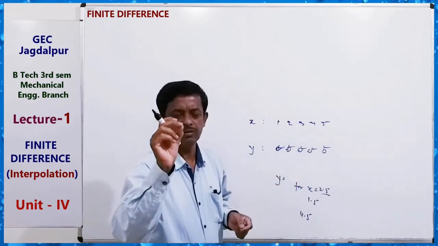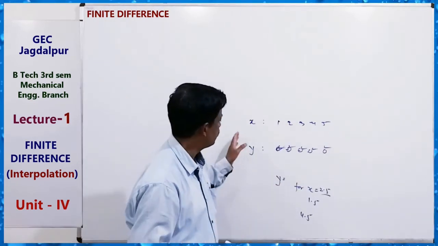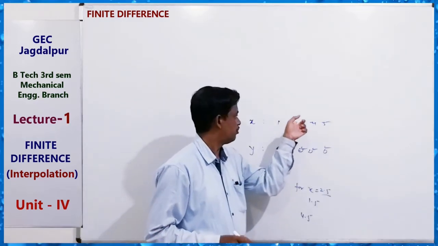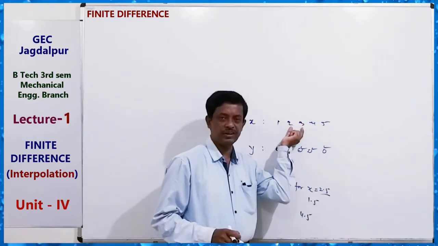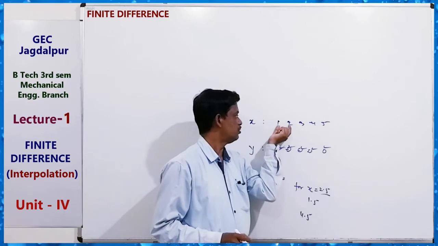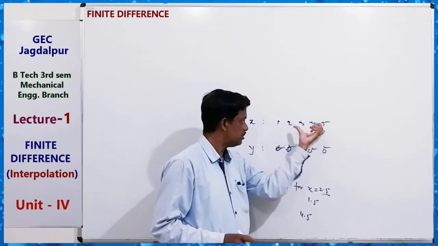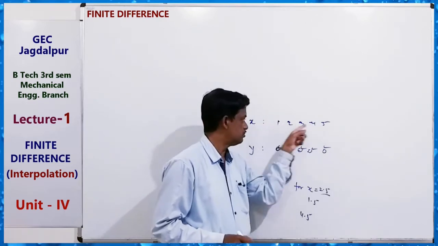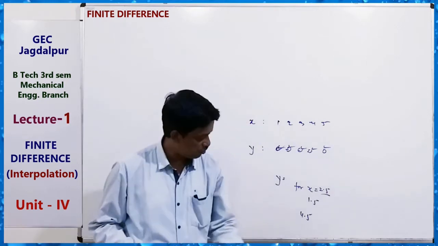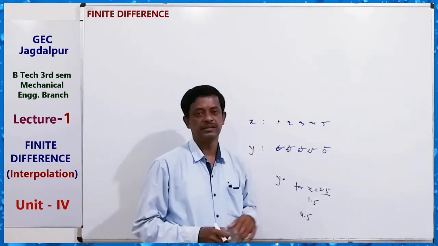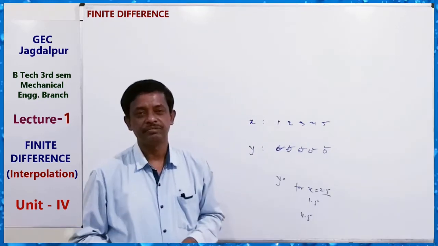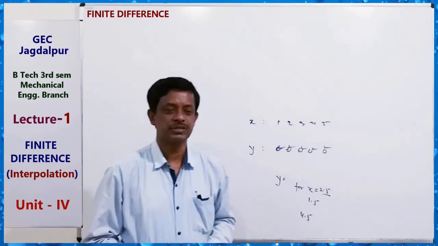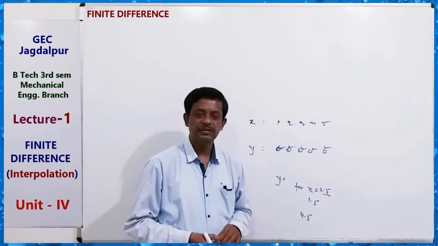If we want to find the value of y for 2.5, that is between 2 and 3, or 1.5 between 1 and 2, within this range except these values, then what process will we adopt?